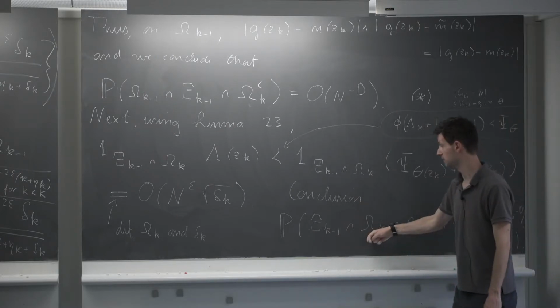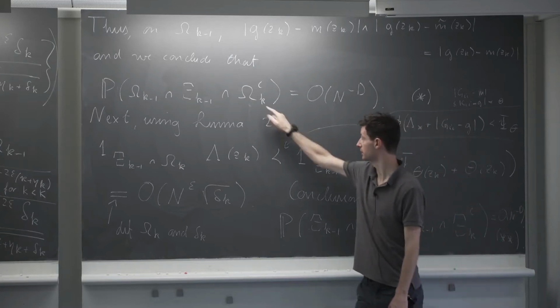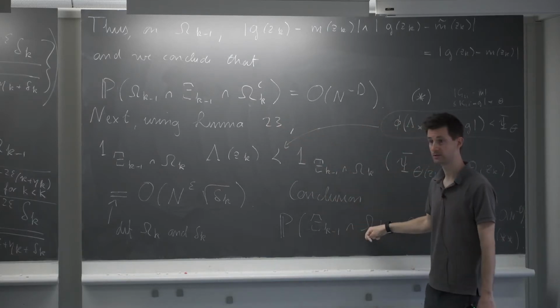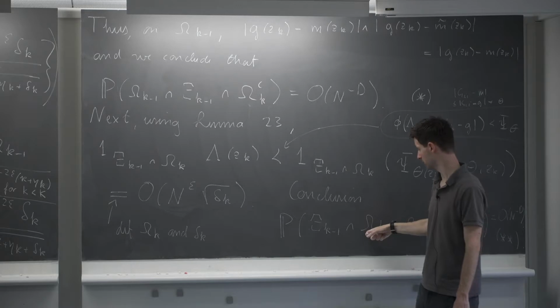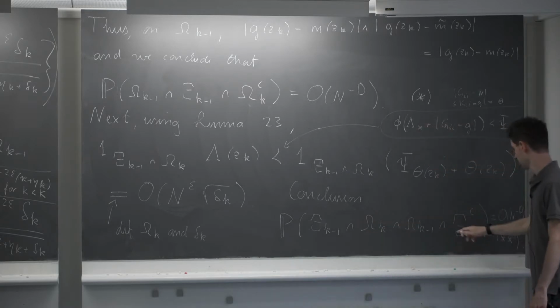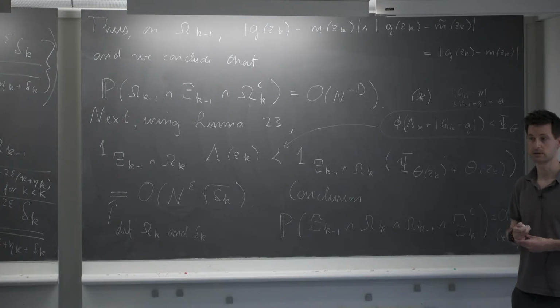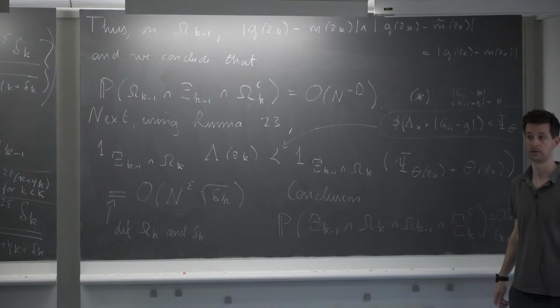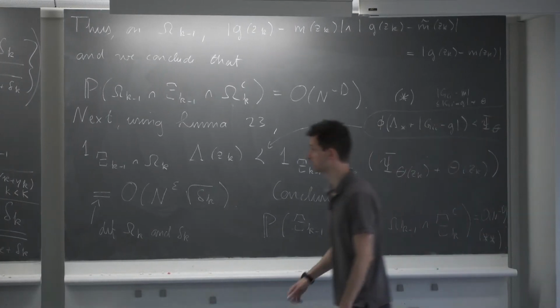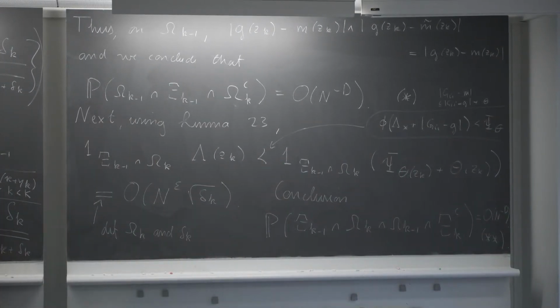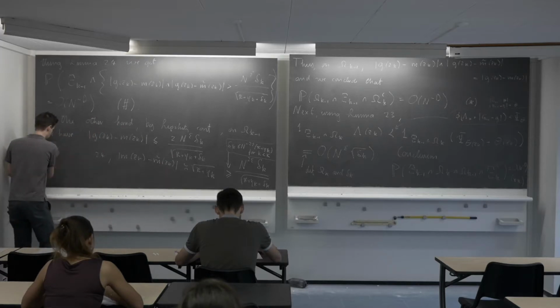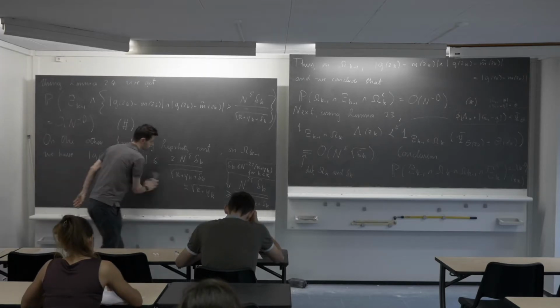I have this guy in addition, but I already know from the previous one that this holds with very high probability anyway, so I'm not making an additional assumption if I include this here. And therefore I have proven that if omega k minus 1 and ck minus 1 hold, then omega k and ck hold with very high probability. That's the intuition, and if you want to write this in a careful way, it goes as follows.